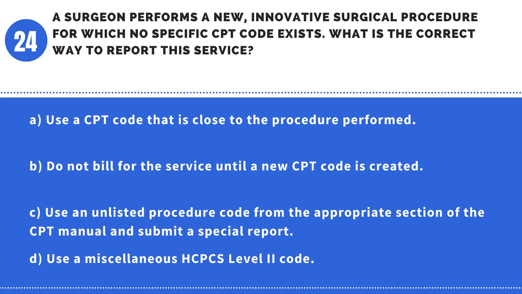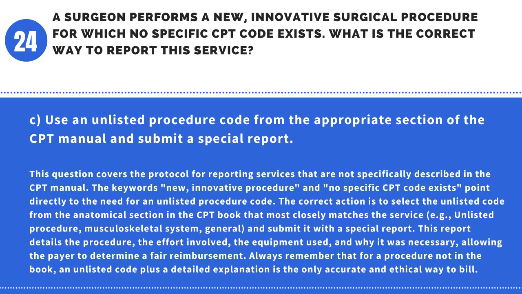C. Use an unlisted procedure code from the appropriate section of the CPT manual and submit a special report. D. Use a miscellaneous HCPCS Level 2 code. Answer: C. Use an unlisted procedure code from the appropriate section of the CPT manual and submit a special report.